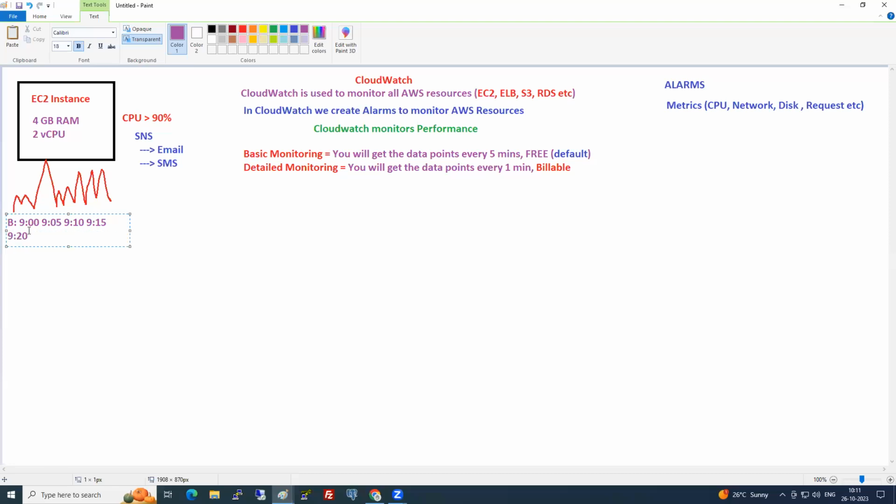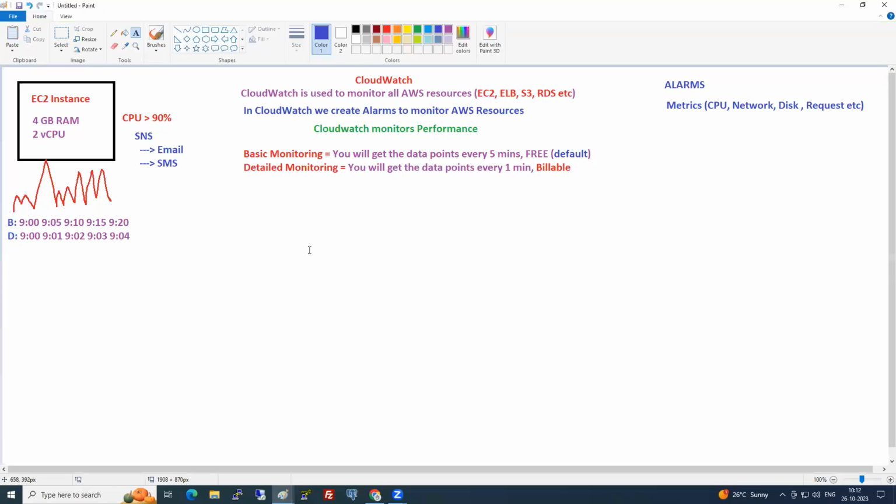You will get the data points every 5 minutes. In detailed monitoring, if it is 9 o'clock, next is 9:01, 9:02, 9:03, 9:04. Every minute you get it. That is the difference between basic and detailed.